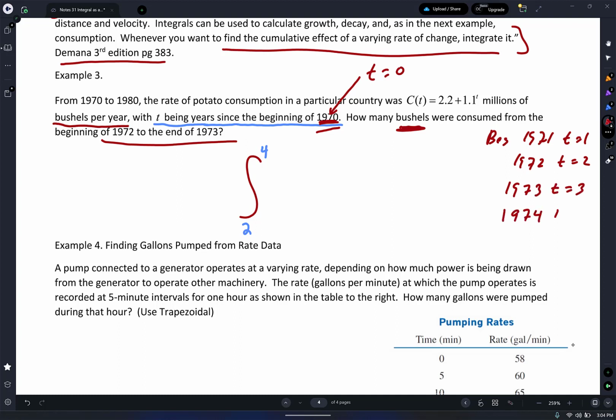Beginning of 1974 is T equals 4. So if they tell me the end of 1973, isn't that a whole year of 1973? So saying the end of 1973 is the same as saying the beginning of 1974, no? Yeah. So there it is, from 2 to 4 of what expression?